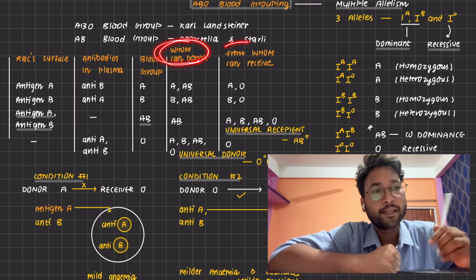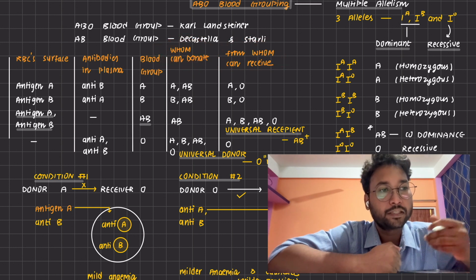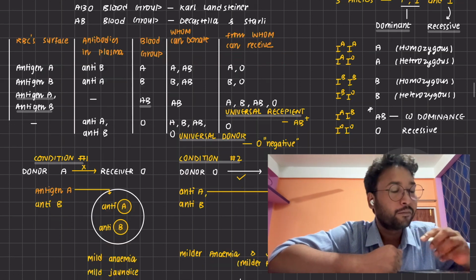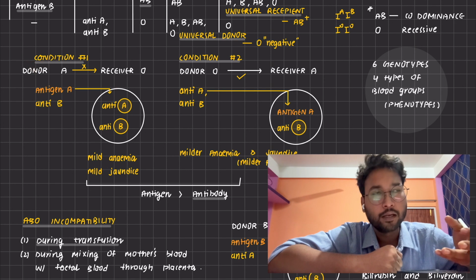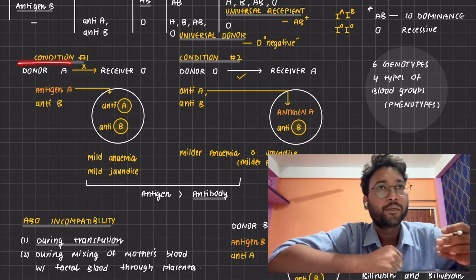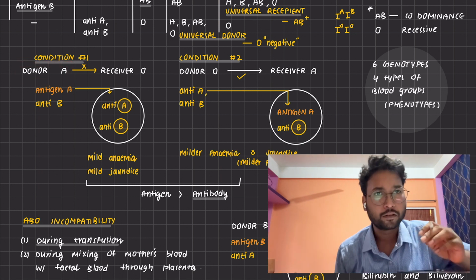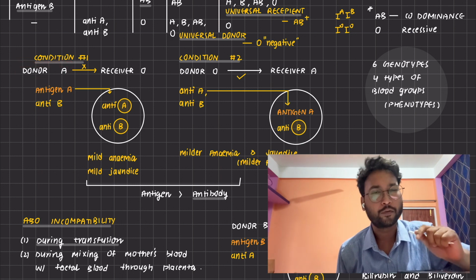It is written in NCERT that we can take blood from O blood group because it is the universal donor. But I am asking about the opposite scenario.